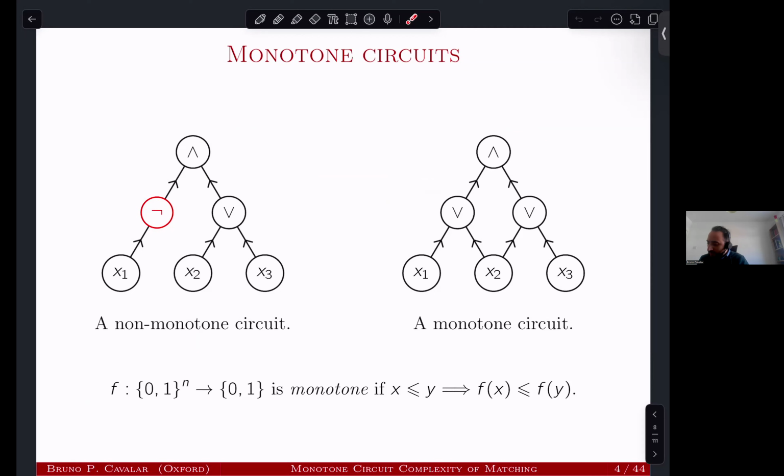And they are complete in the sense that every monotone function has a monotone circuit. A monotone function is a function such that if you flip a bit from 0 to 1 and you had accepted the input, it will continue to accept it. So think of deciding if a graph has a clique. If you add more edges, it will continue to have that clique.